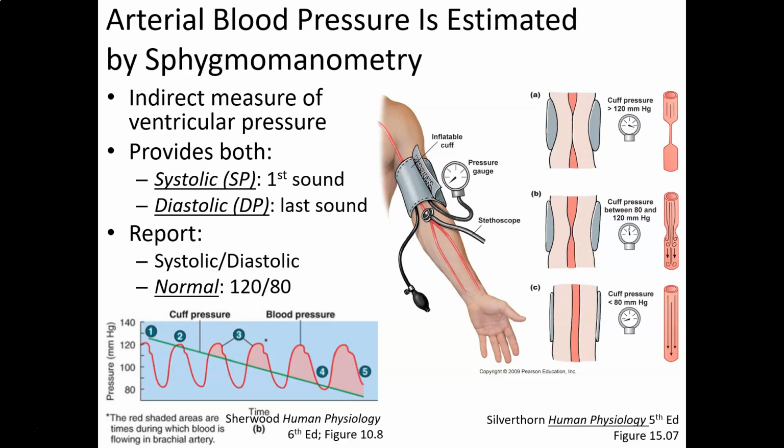So it's an indirect measurement of, not really ventricular pressure, though it has to do with ventricular pressure, it's really arterial blood pressure. Because it's arterial blood pressure, we expect to have a systolic and diastolic pressure. We'll talk about how to measure that in a second.